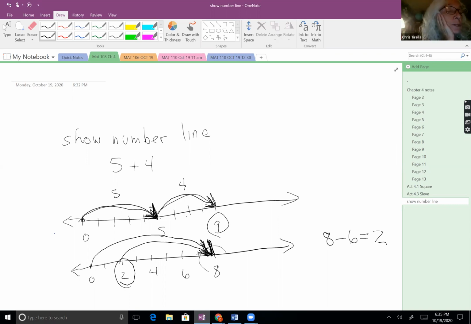And then there's some set questions, not as involved as the ones in the homework, where you have to draw a Venn diagram and shade in the regions that are represented by the operation.